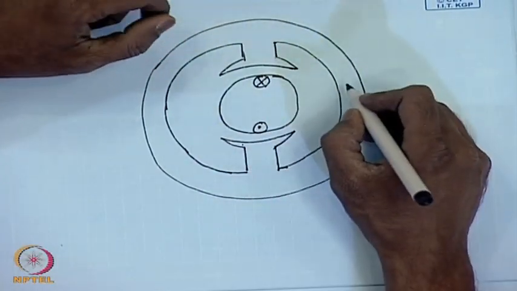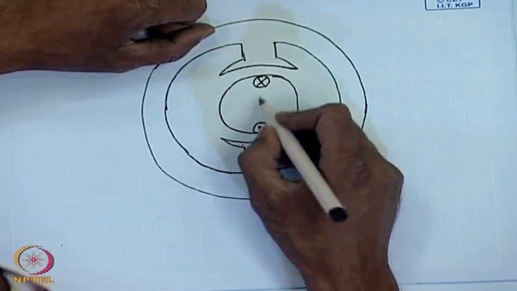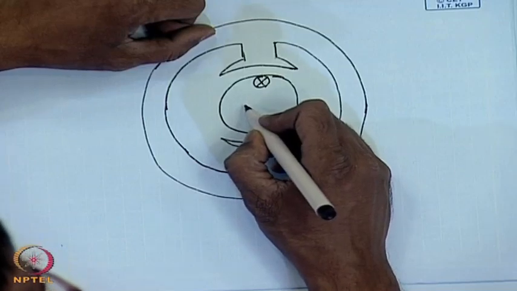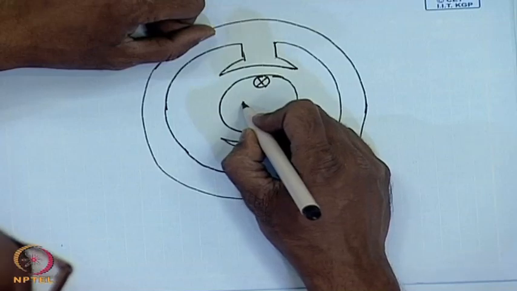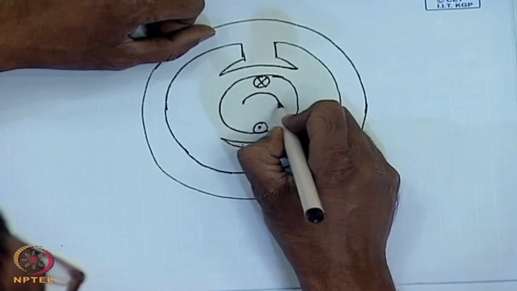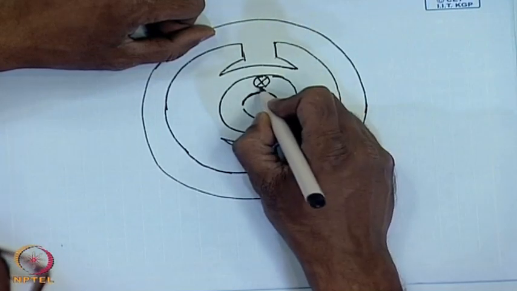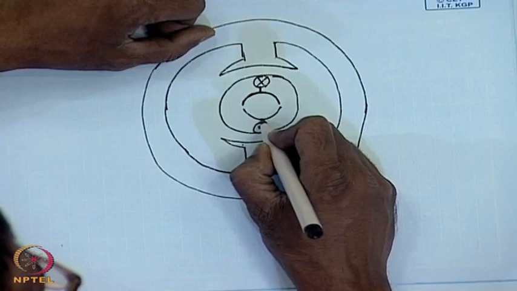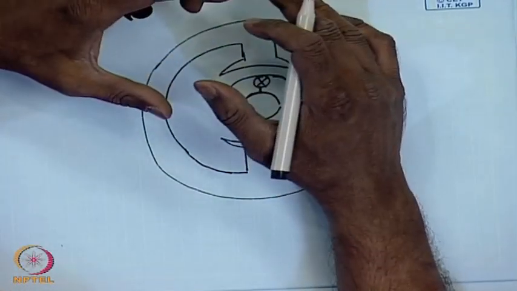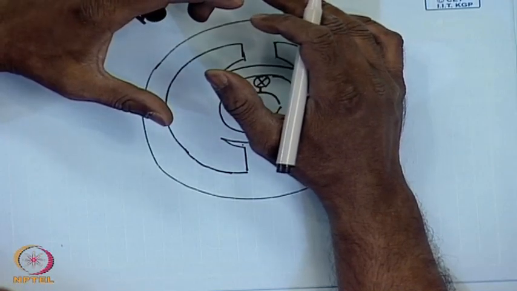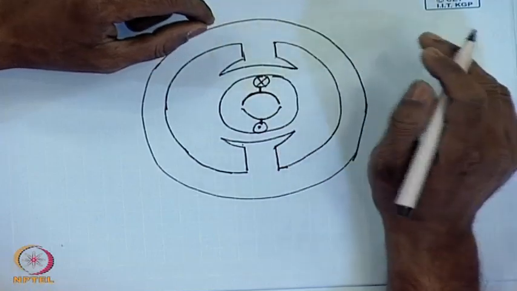Commutator obviously must be in the same body as the rotor, because it will make permanent contact with the conductors. So, let us say this is one commutator segment, this is another commutator segment, this conductor connects to this, one connects to this. So, this commutator is basically a kind of a conducting ring, split into two parts in this case and connected to the two sides of the coil.